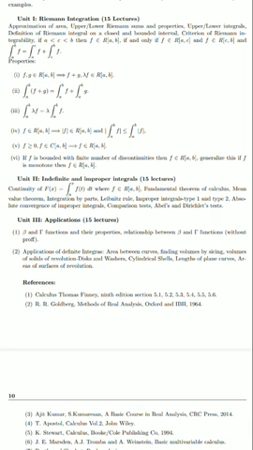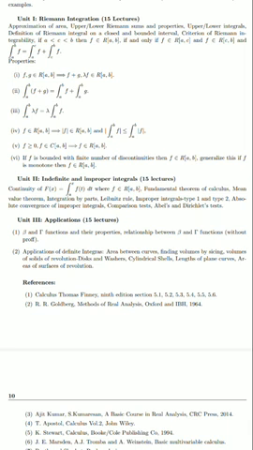Then we see the fundamental theorem of calculus, mean value theorem, integration by parts, Leibniz rule, improper integrals type 1 and type 2, absolute convergence of improper integrals, comparison test, Abel's and Dirichlet's tests. So these are the topics we will see in unit number 2.